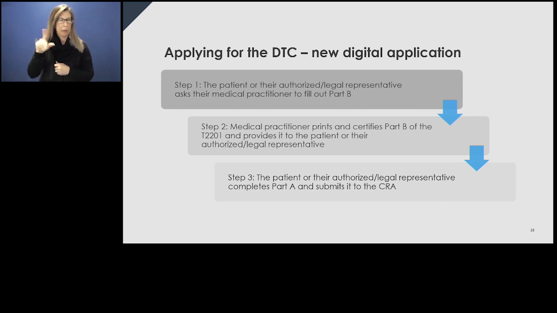Step 2, the medical practitioner prints and certifies Part B of the T2201 and provides it to their patient. Step 3, the patient or their authorized legal representative completes Part A and mails it to their tax center or submits it via My Account.